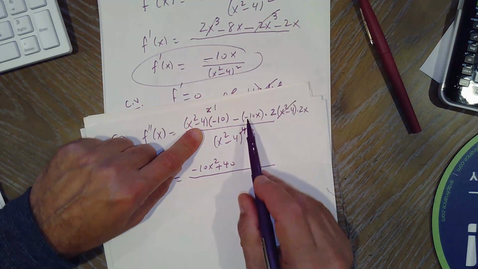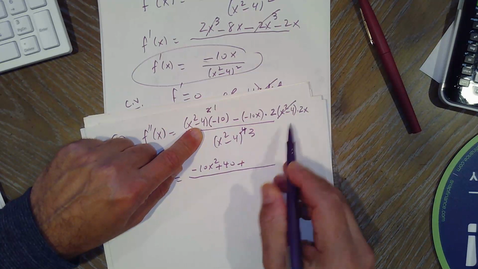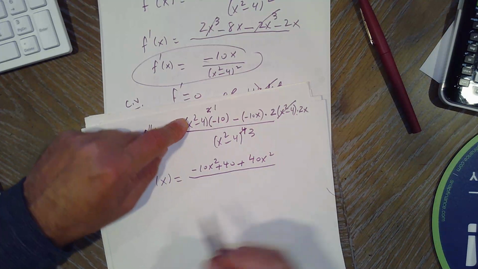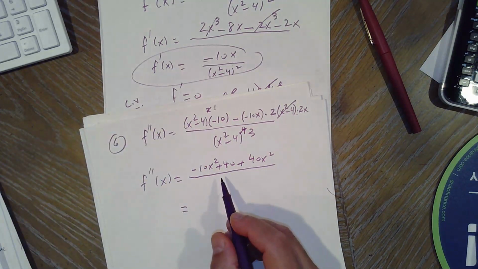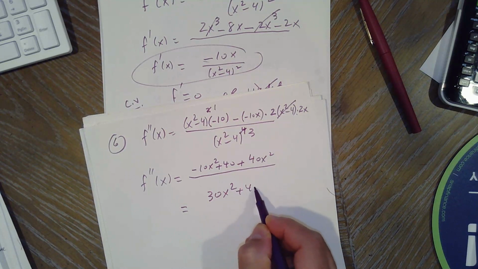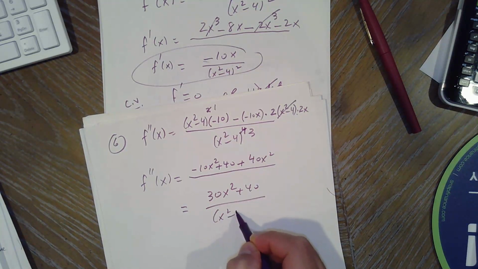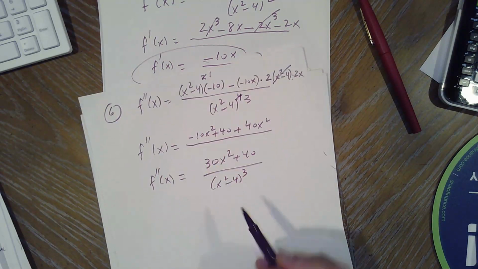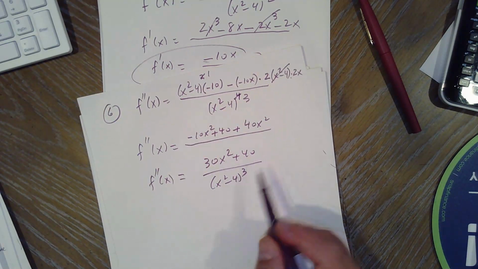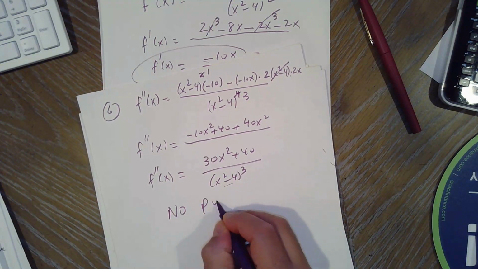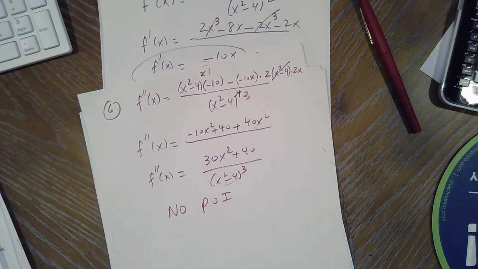You have 4x times 10x, 40x squared, which would be 30x squared plus 40 over x squared minus 4 to the third power. So the second derivative is never going to be 0 because that's positive, and it's undefined where f is undefined, so no points of inflection. There's no candidates for points of inflection.